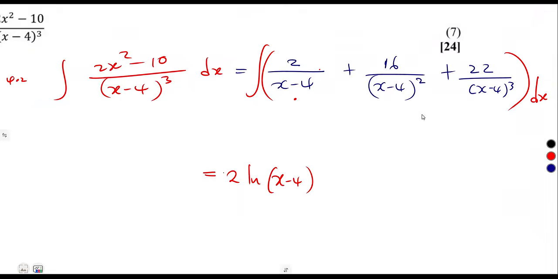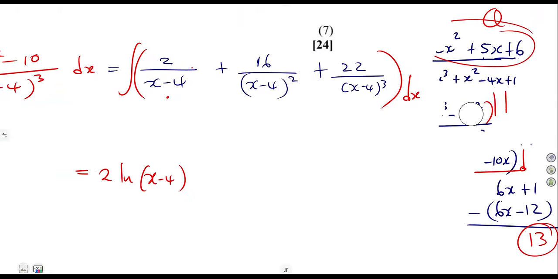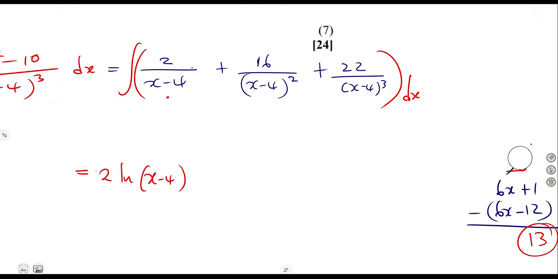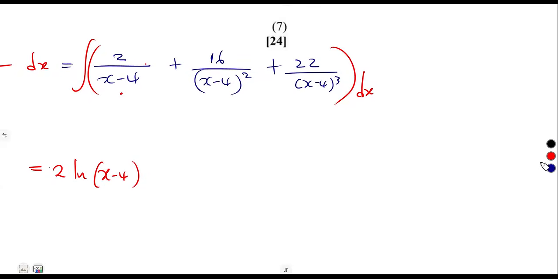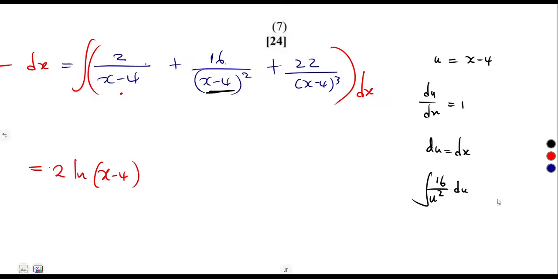And the next one, we can use the substitution, or just inspect. I can treat u as x minus 4. So du/dx is 1, so du is equal to dx. It's going to be the integral of 16 over u squared with respect to u, since dx and du are the same. 16 over u squared is the same as 16u to the exponent of minus 2.